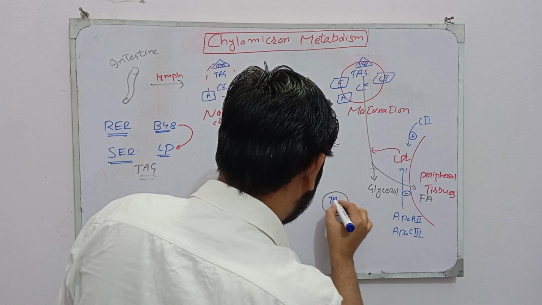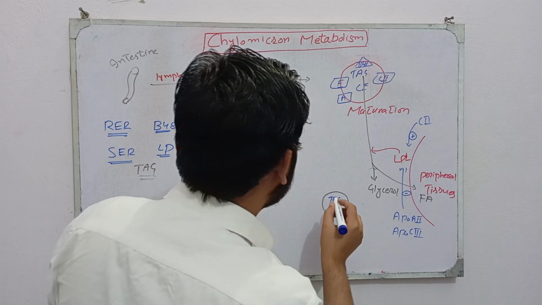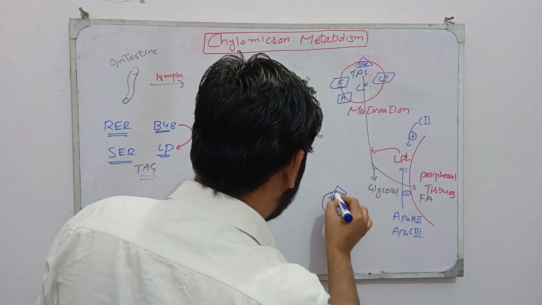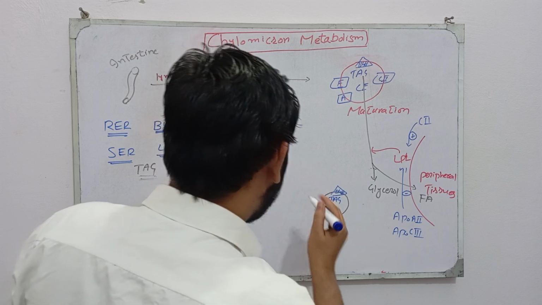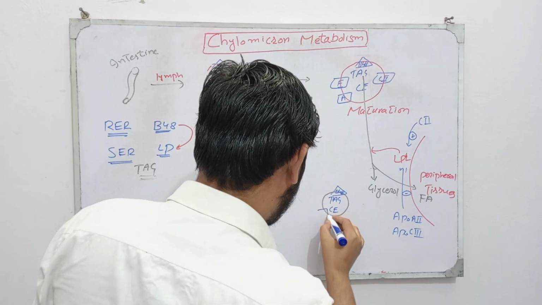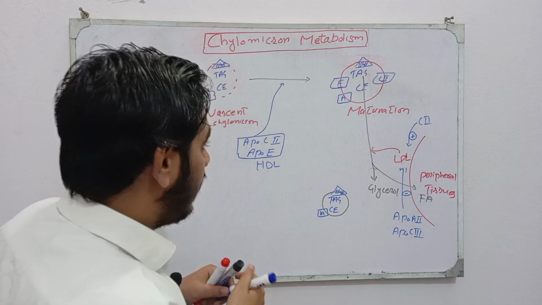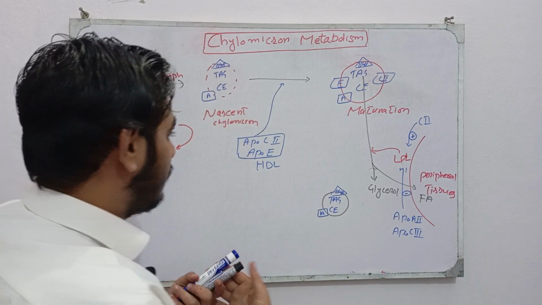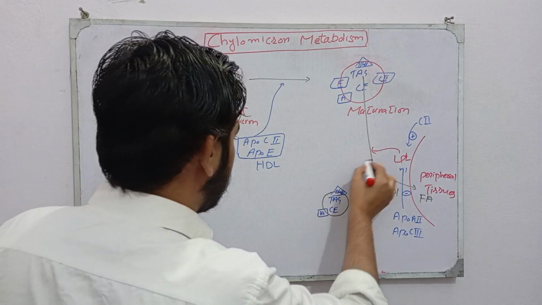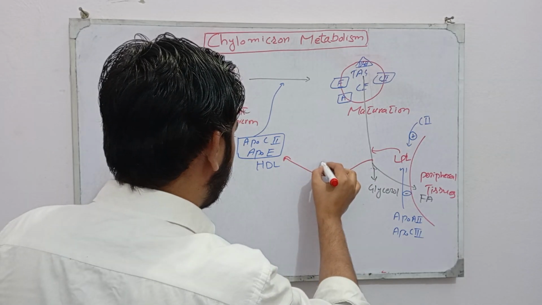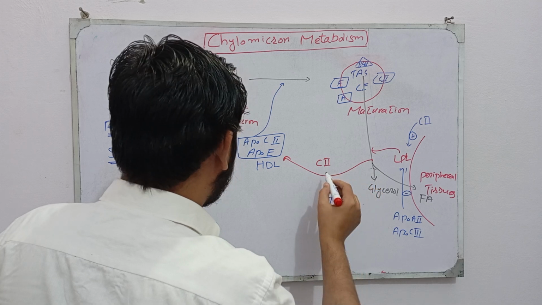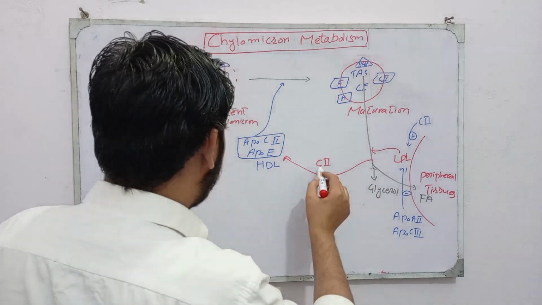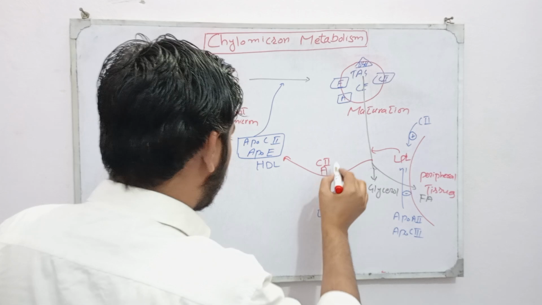Triacylglycerol, cholesterol ester, Apo B48, here is an apoprotein, and it loses Apo C2 and Apo A protein.